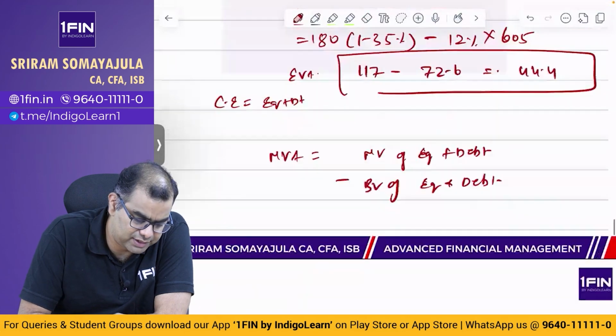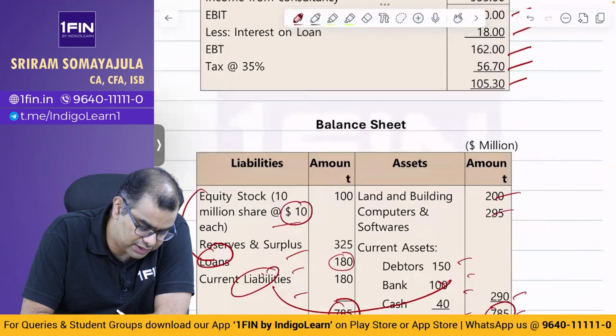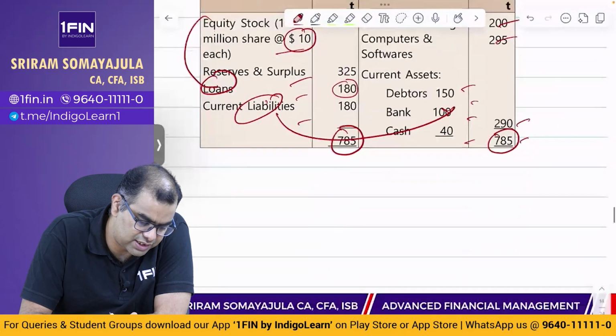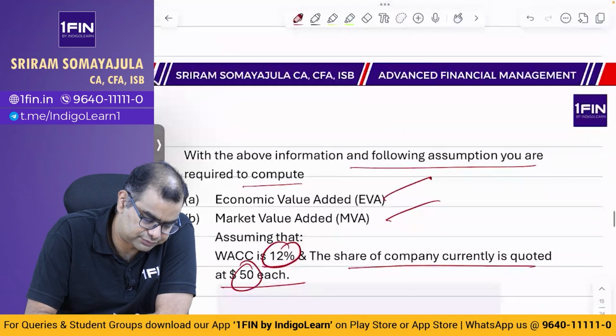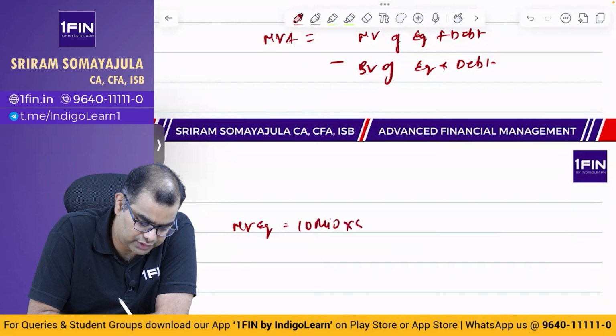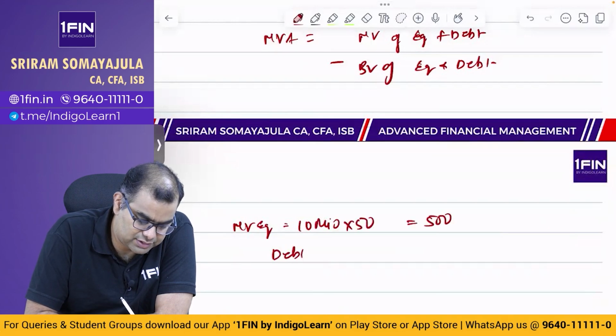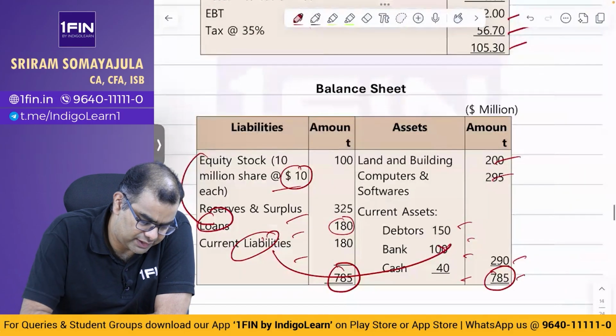We have 10 million shares of $10 each, and each share is $50. So 10 million into 50 is equal to 500. Debt is how much? 180.